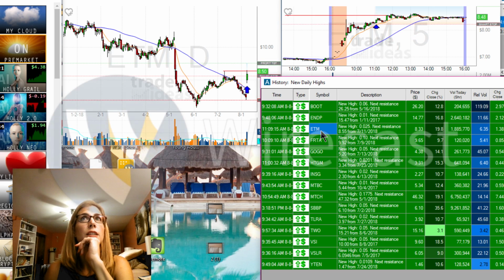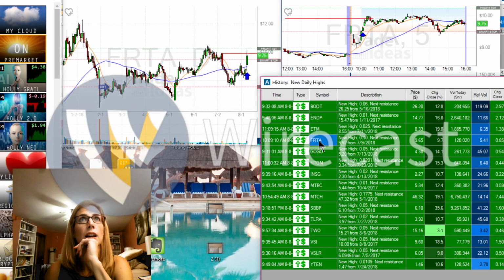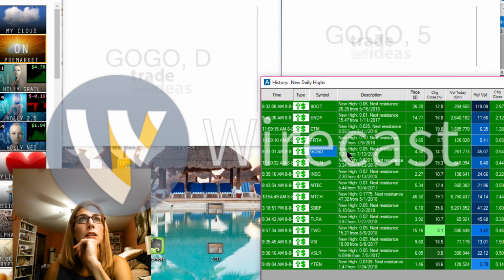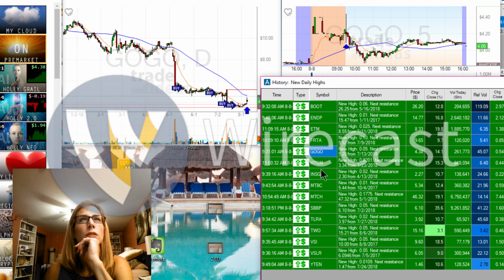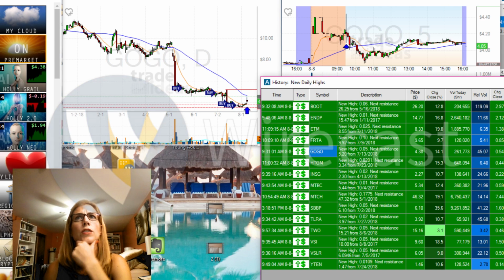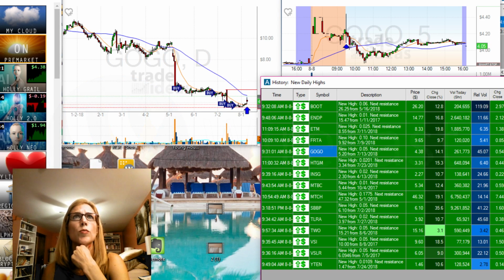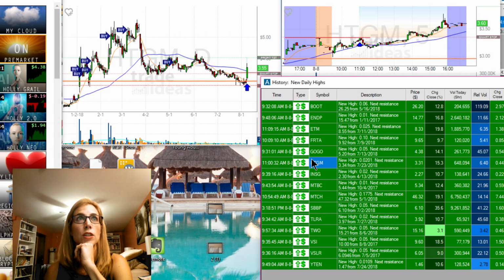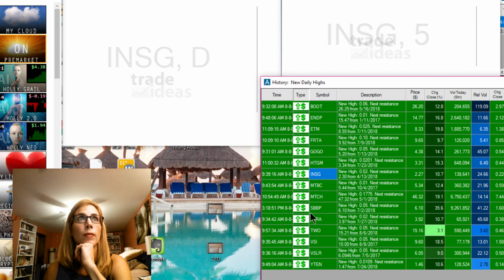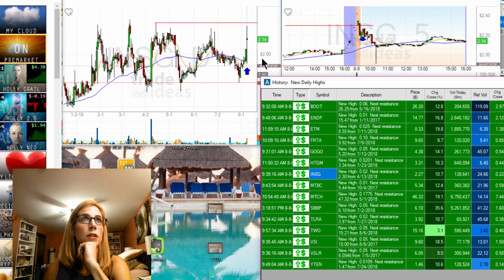ENDP, ETM, FRTA, GoGo. That one actually went down. Not sure why that's showing that. It still says 82% though, because of where it gapped up from the close. HTGM, INSG.